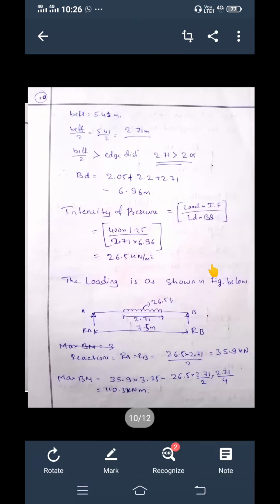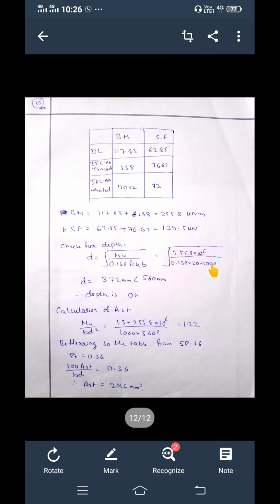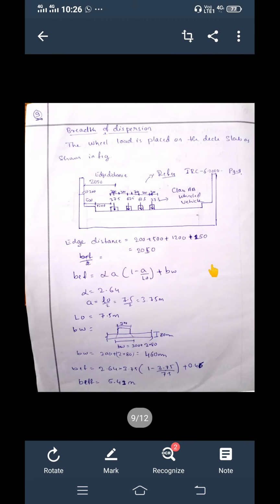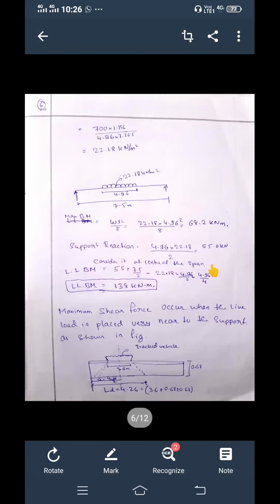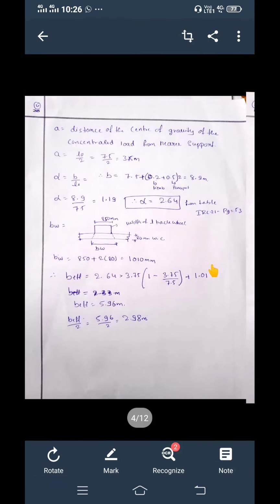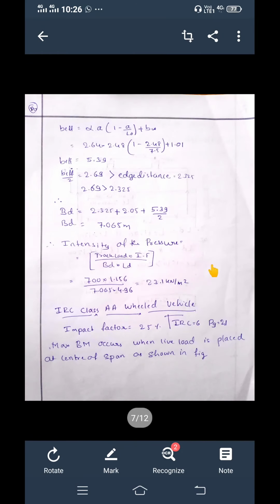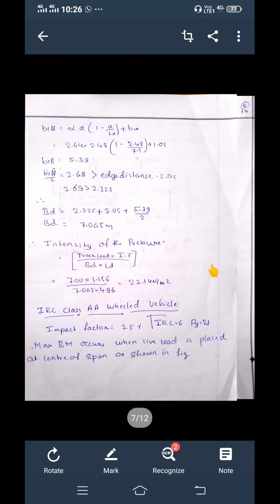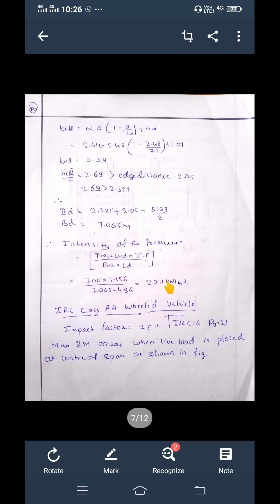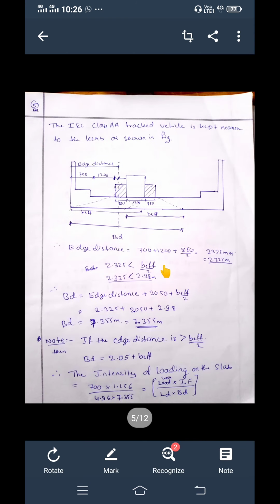Same thing, 117.83, 62.85, we have added here. So IRC Class A tracked vehicle, tracked vehicle we have calculated here. I think I have not calculated it in this figure.